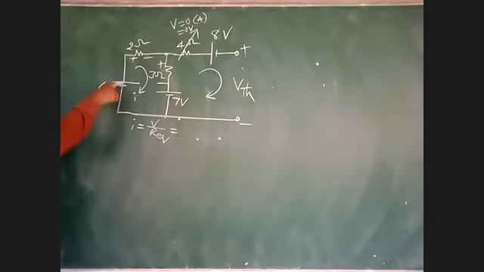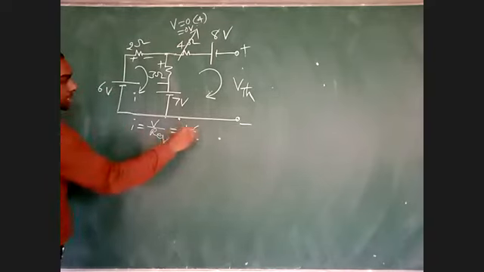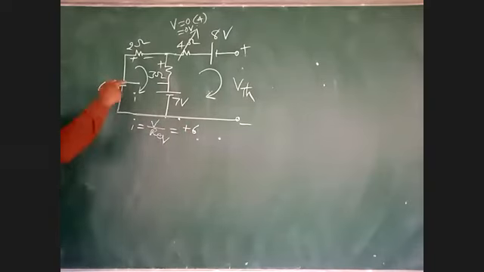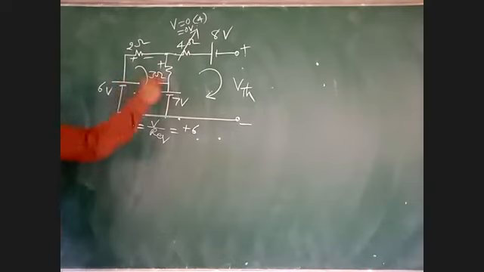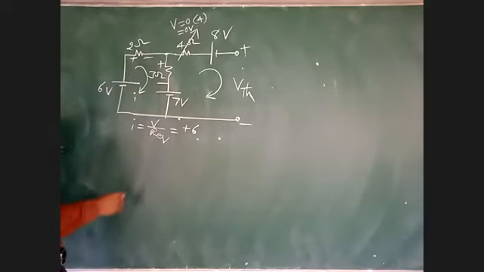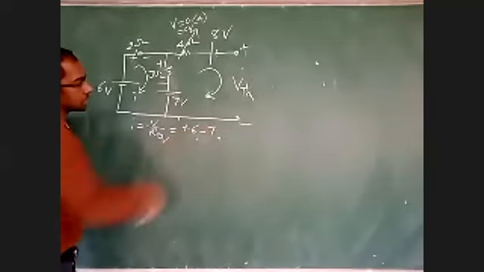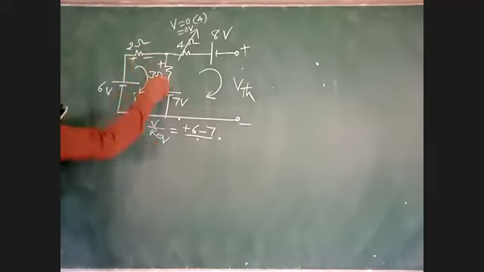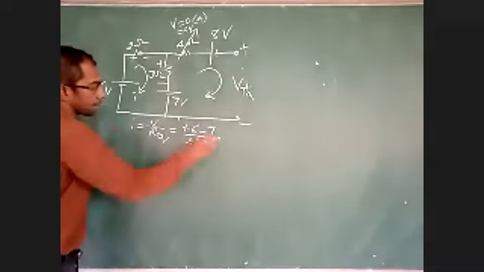I is moving from minus to plus, so plus in the numerator voltage. I is moving from minus to plus, plus. I is moving from plus to minus, so minus 7. Divide by total resistance, 2 plus 3, since they are in series.